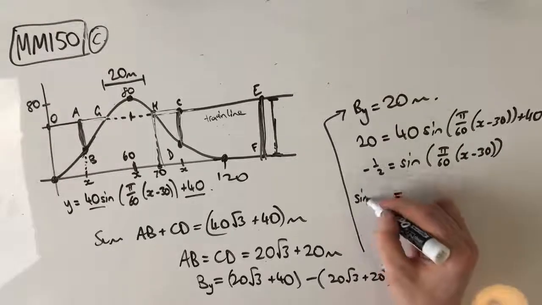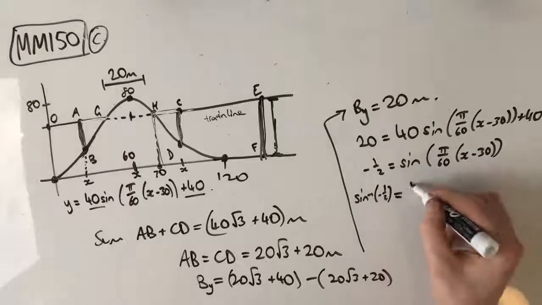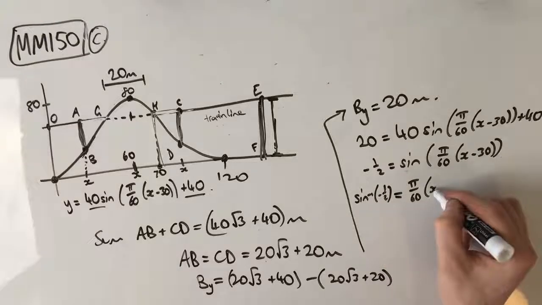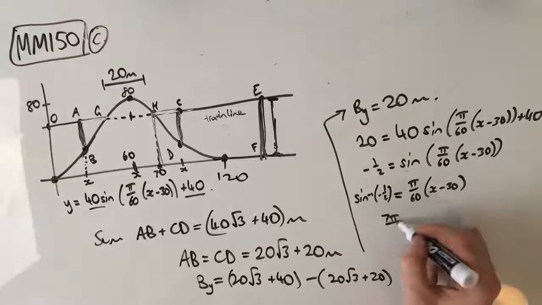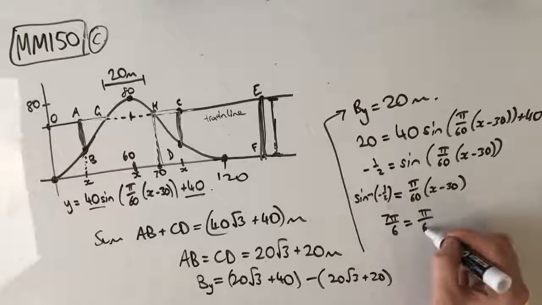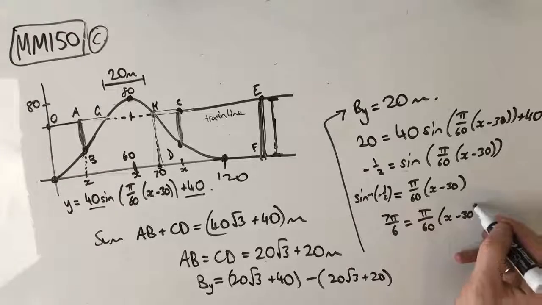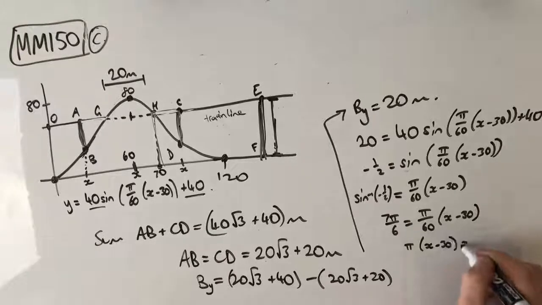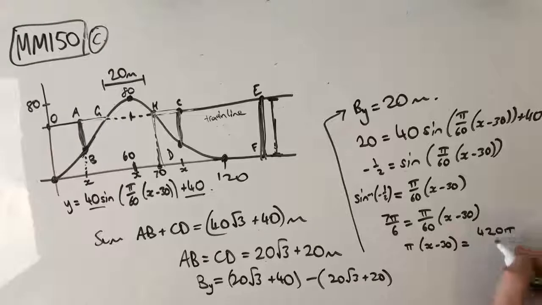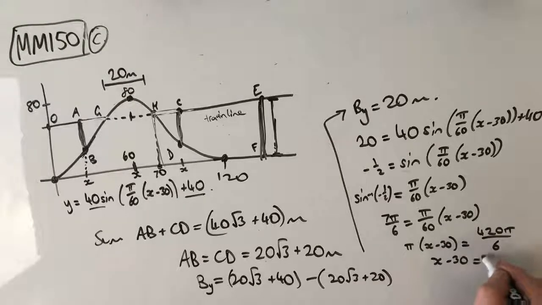Inverse sine of negative 1/2 is equal to pi on 60 outside of x take 30, which means that 7 pi on 6 is equal to pi on 60, x take 30. From here we can get to the point where we have pi outside of x take 30 equals 420 pi over 6. And from here x take 30 equals 70, saying that x is equal to 100.